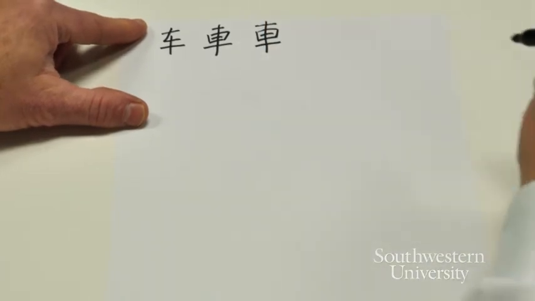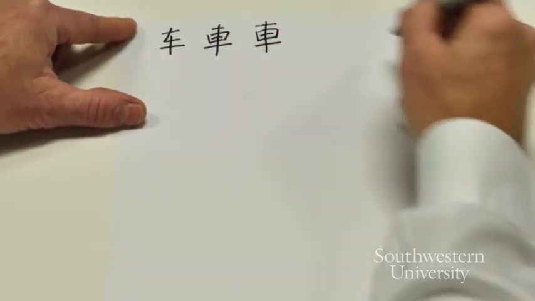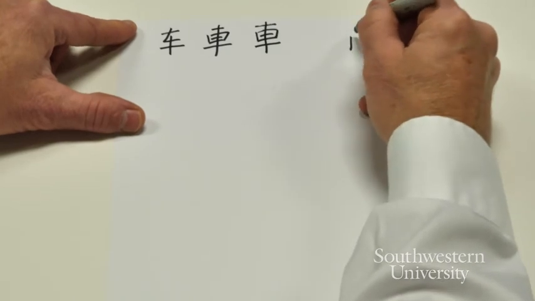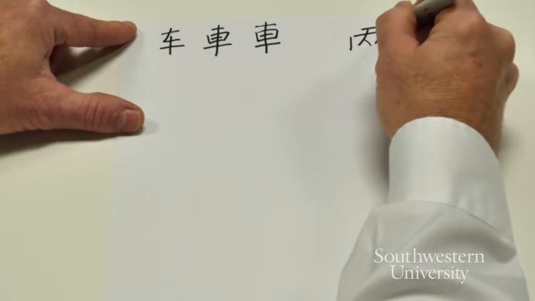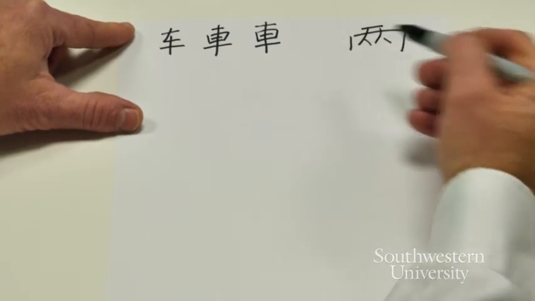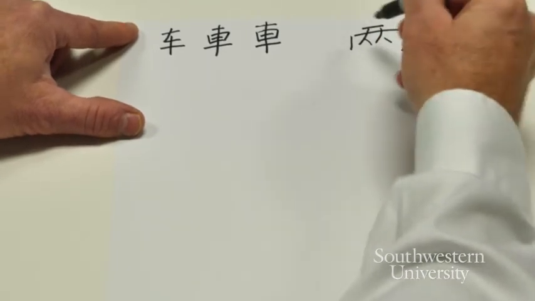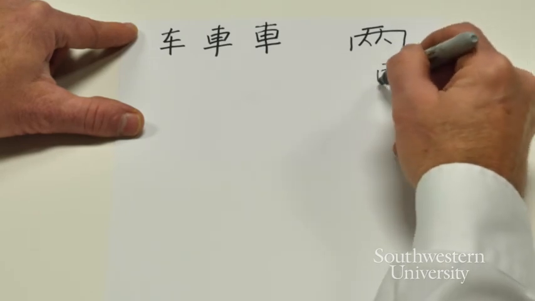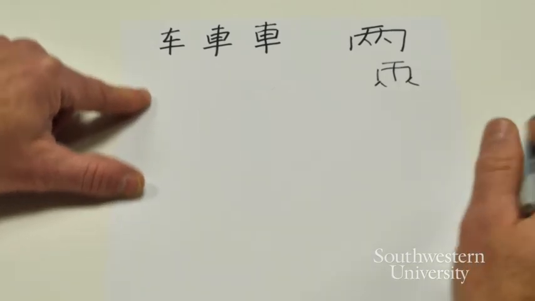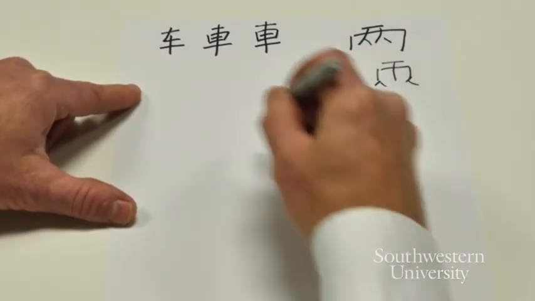Che. This is a simplified form, and we have seen this, liang, the phonetic component, we have seen already for two of an amount, a depiction of something being weighed in the balance, sort of. Okay, so we write that out.